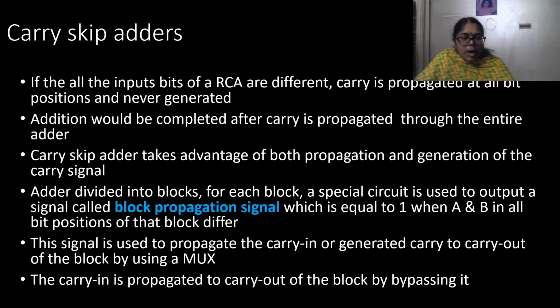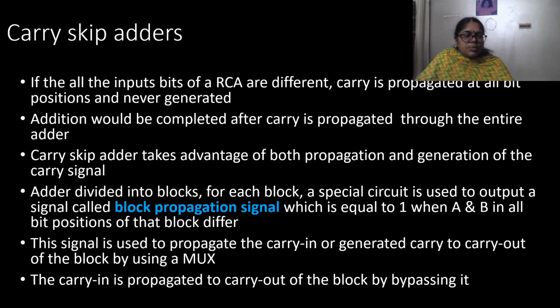What is this block propagation signal? If the A and B values are different in all bit positions, that is A0, B0, A1, B1, A2, B2, A3, B3 are different, then the block propagation signal will be equal to 1.